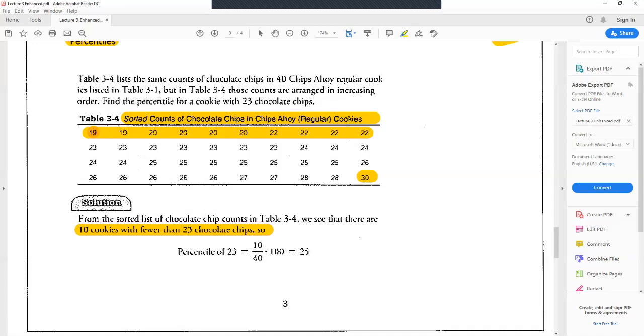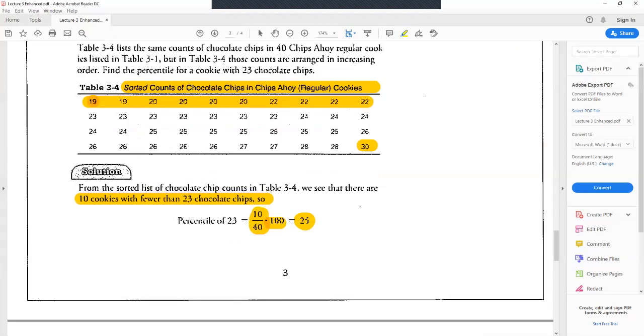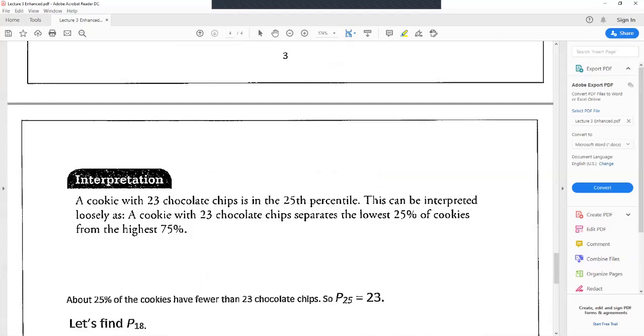So 10 out of 40, because we have 40 data values. If we take the 10 that are less, divide by 40, that gives us 0.25. And if we multiply that by 100, then that gives us 25. So that means that if you happen to have 23 chips in your cookie, good for you, because your cookie has more chocolate chips than 25% of the other cookies.